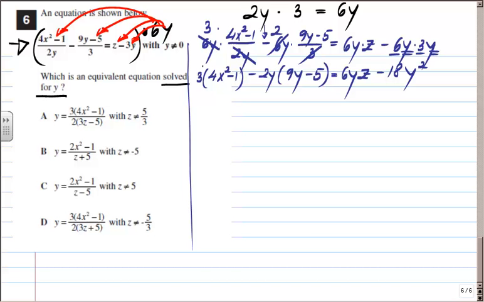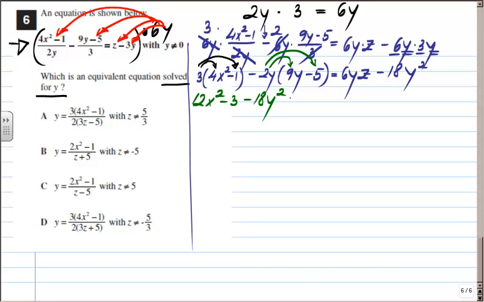Moving on. Use the distributive property and multiply this 3 to everything inside here. Use the same property and multiply this 2y by everything inside this parenthesis. And you have 3 times 4x squared will be 12x squared. Minus 3 times 1 is going to be 3. Minus 2y times 9y is going to be 18y squared.